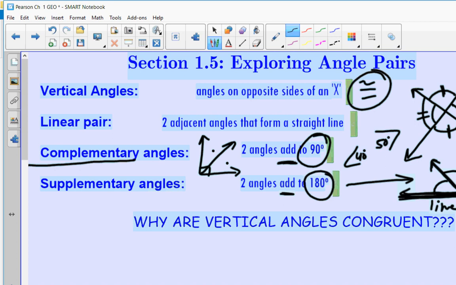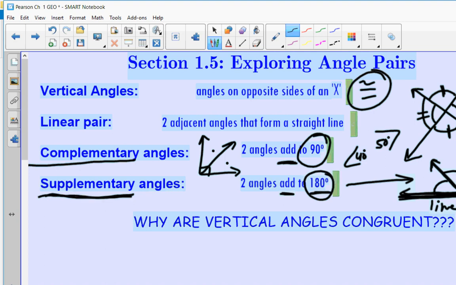Okay, so they could form a line, or it could just be, I got an angle right here and I got an angle right there. This one's 50 degrees. This one's 130 degrees. Do those two add up to 180? They do. They didn't form anything, but when I add them together, I get this 180. So therefore, I can call them supplementary.